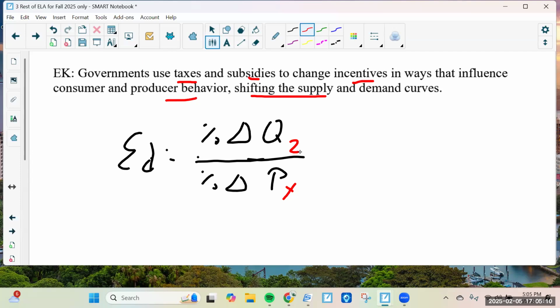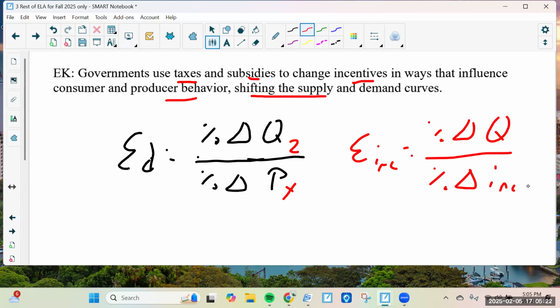And the last one is income elasticity, which is the percent change in quantity over the percent change in income. So once you've done one formula, you've got all four of them.